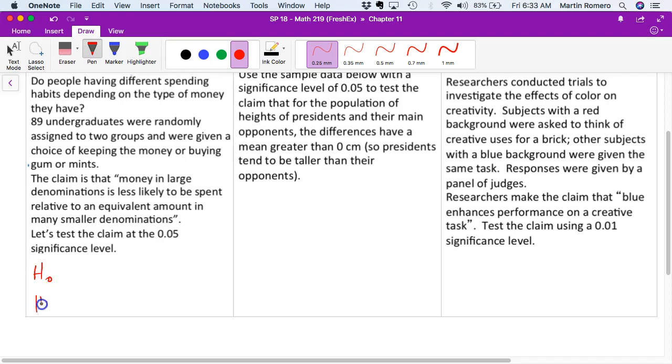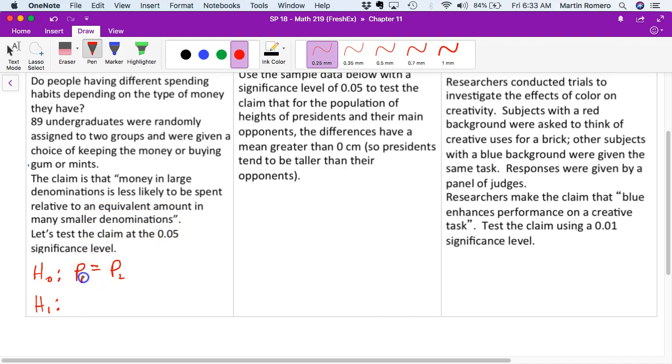You would have a null hypothesis and an alternative. You always need to set that up. In this case, we're comparing the two groups. The null hypothesis is that the proportion for the first group is equal to the second group. The claim is that money in larger denominations is less likely to be spent relative to equivalent amounts in smaller denominations.